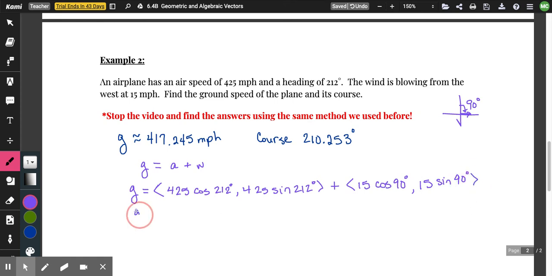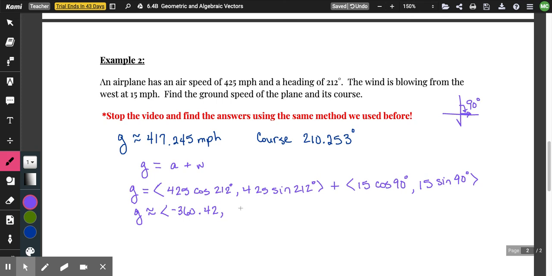Okay, so when I add those together, I would get the component form of the ground speed vector. And I would be doing that, of course, using a calculator. I just put in the horizontal component of the first vector plus the horizontal component of the second vector. And when I did that, I got negative 360.42, and then there was a 0 for the third decimal place.